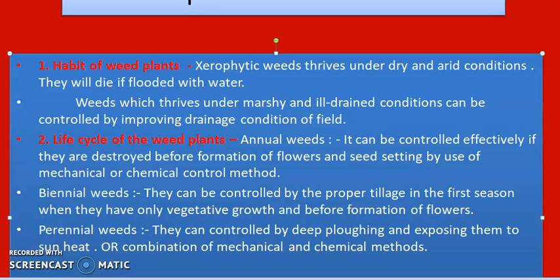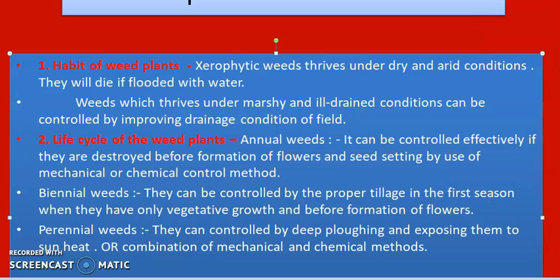The vegetative parts and other parts of weed plant are also collected and destroyed by burning. So we say that it can also be controlled by the use of mechanical and chemical weed control method.